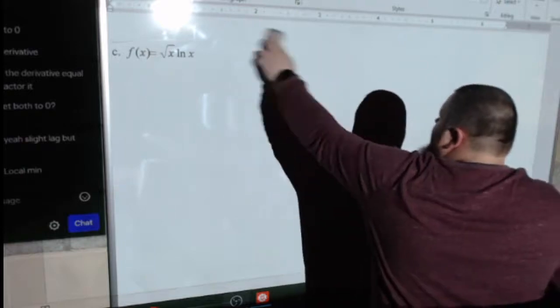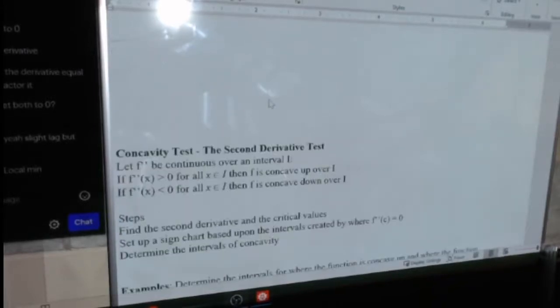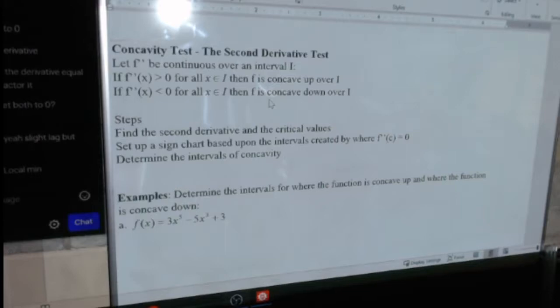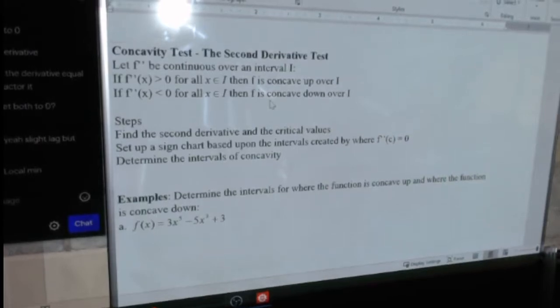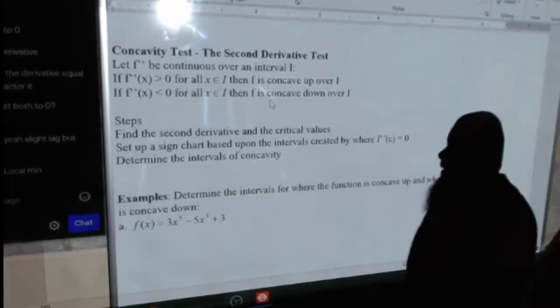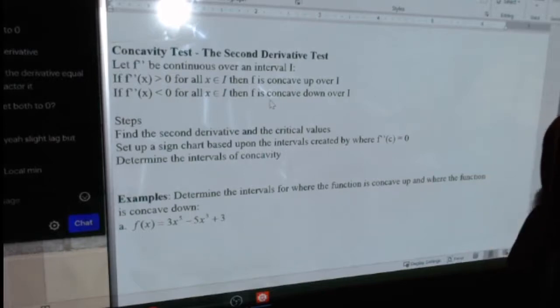So we'll be putting all of this stuff together. So the second derivative test is often referred to as the concavity test, or concavity, however you like to say it.